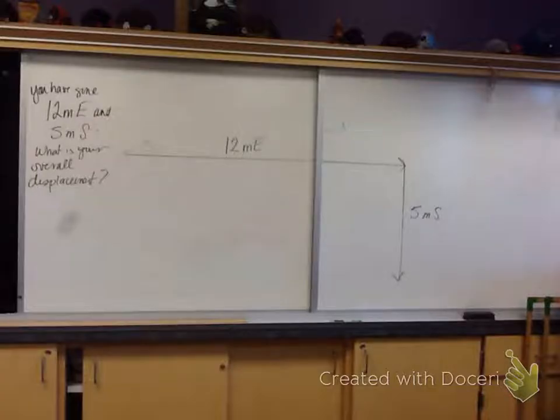Okay, so I've drawn my vectors to scale, and now what I need to do is impose the resultant on them. I'm going to draw a line connecting the tail of the first vector to the head of the second vector. And my resultant is on the actual board. And note that I labeled it R for resultant.